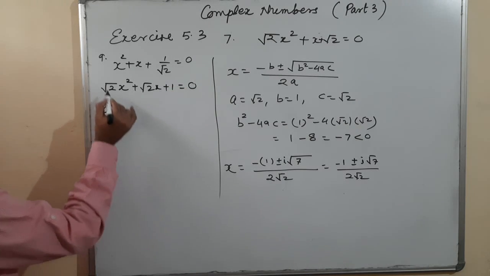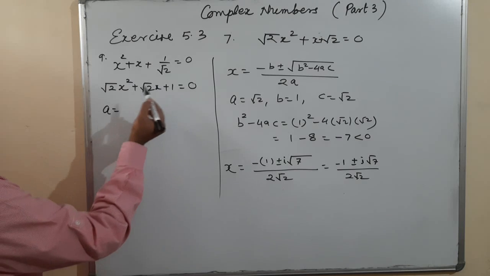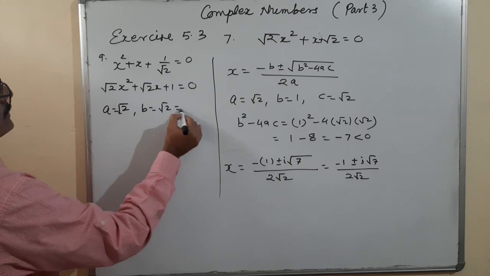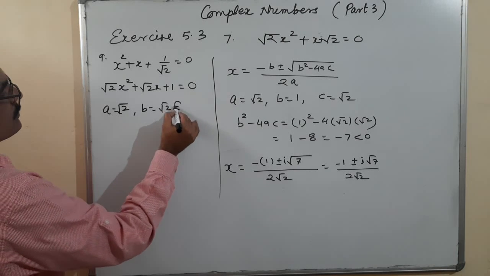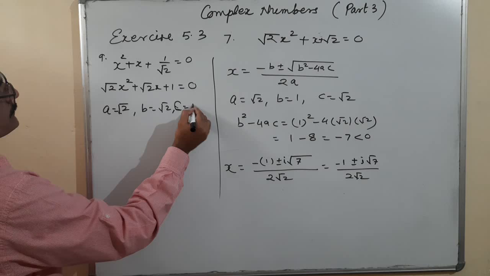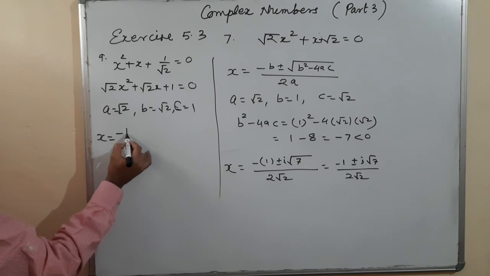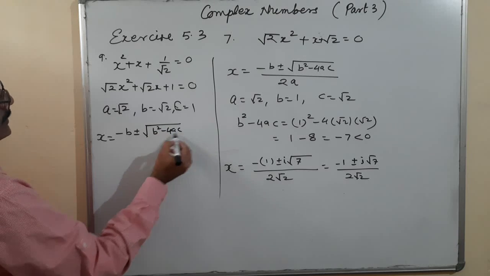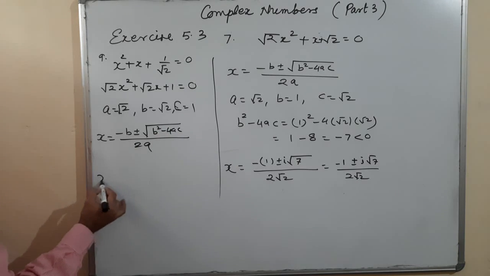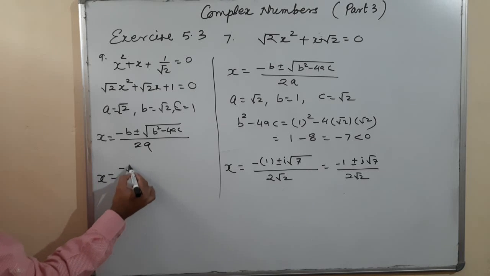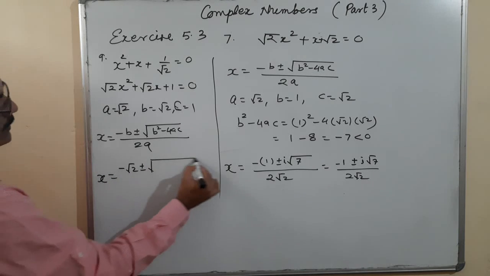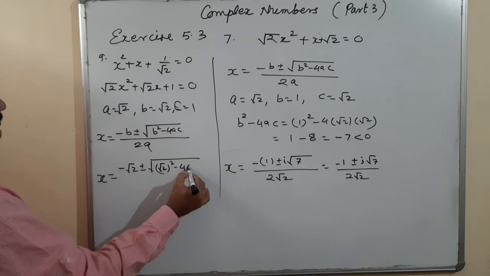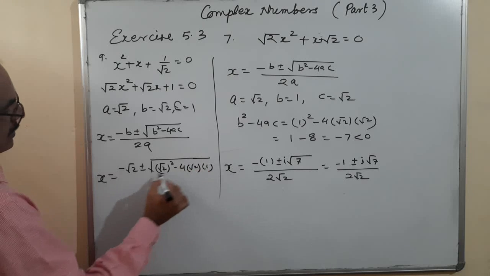a is equal to root 2 when we compare with the general equation ax square plus bx plus c. b is equal to root 2 and c is equal to 1. x is equal to minus b plus minus under root b square minus 4ac upon 2a.